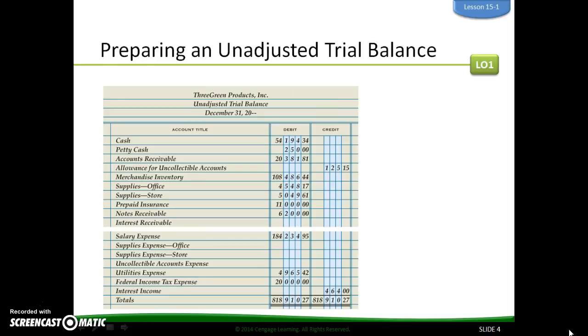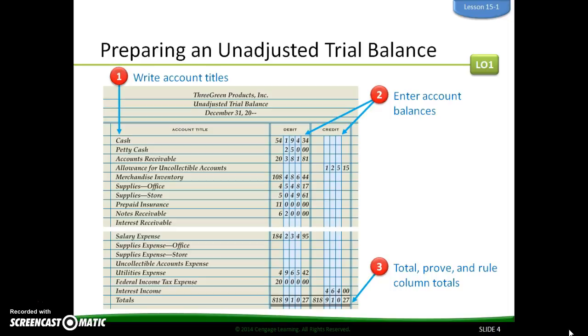All right, so now I'm looking at an example here of the unadjusted trial balance, and you can see that I've written all of my account titles in, and you can see whether I'm looking at debit or credit account balances. Once I get to the bottom of my unadjusted trial balance, you can see I'm going to total, which is the single line right here.